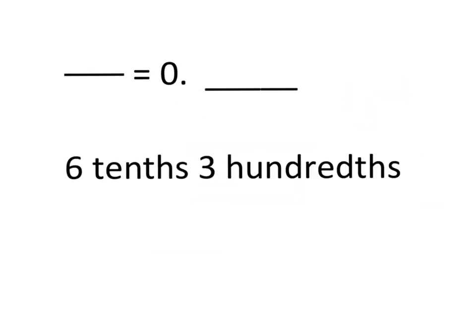All right, 6/10 and 3/100ths. Now we're giving it in unit form, and we got to put this into a fraction and into a decimal. Well, we have 6/10, so we know that the 6 is going to be in the tenths place. And the 3 is going to be in the hundredths place.